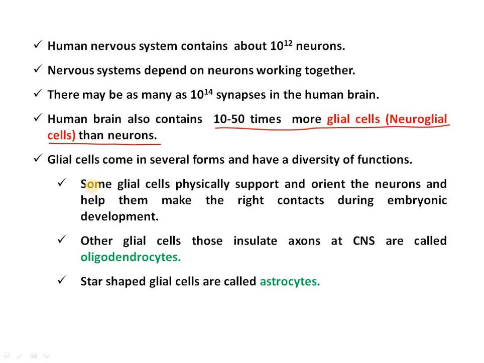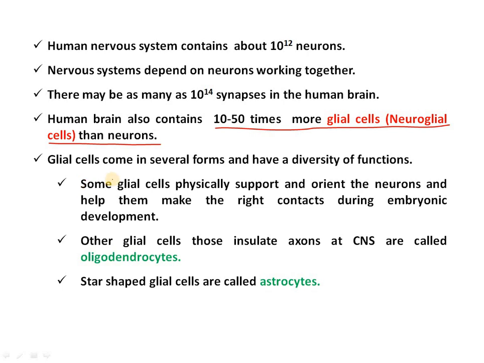Their main function is to provide support, and they are responsible for generating the environment where the neuron can act properly. They can maintain the ionic concentration of the environment of the nervous system. They can supply nutrients. They can protect the neuron from physical damage.